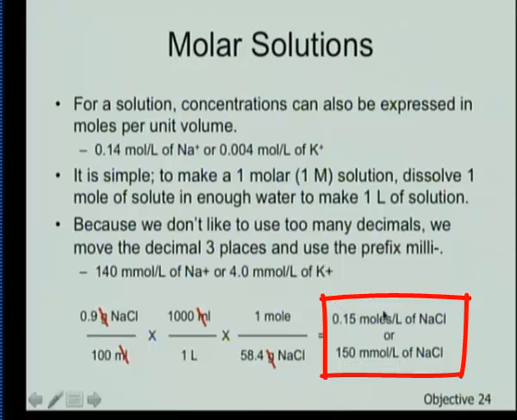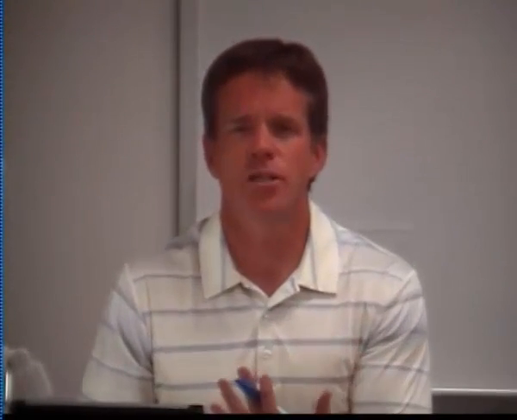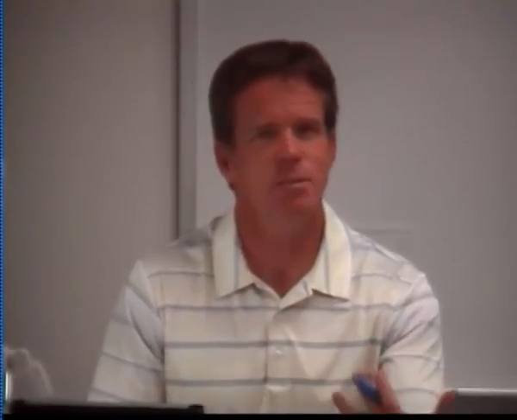So 0.15 moles is the same as 150 millimoles, but we like whole numbers, and so we do that. Frequently, when you get a report on a patient that shows their sodium level, their potassium level and their magnesium level, we're measuring solutions and concentrations. So you're going to get that patient report in millimoles.